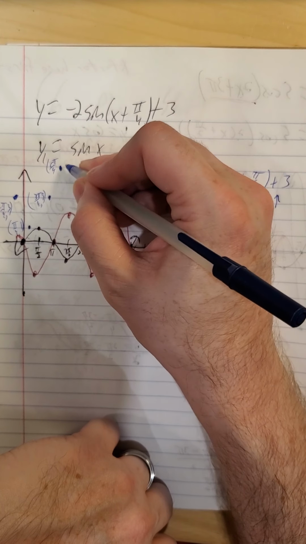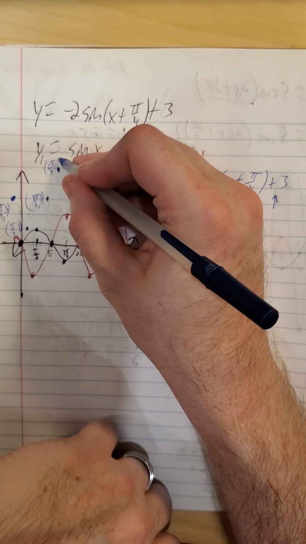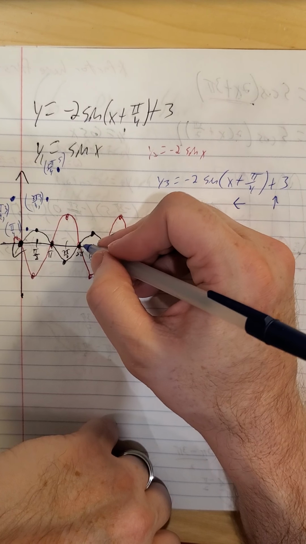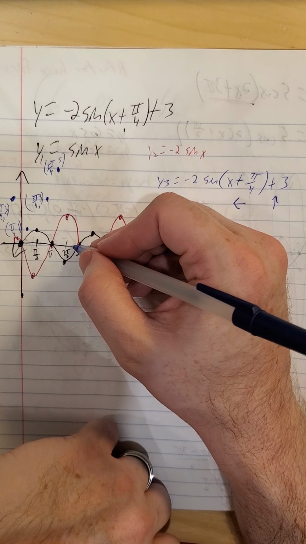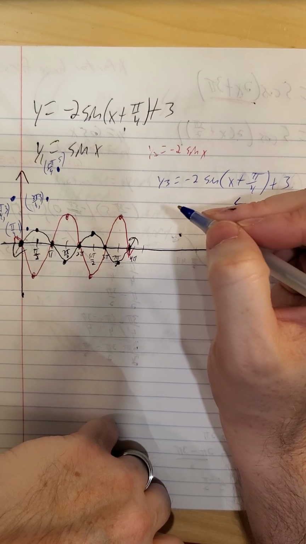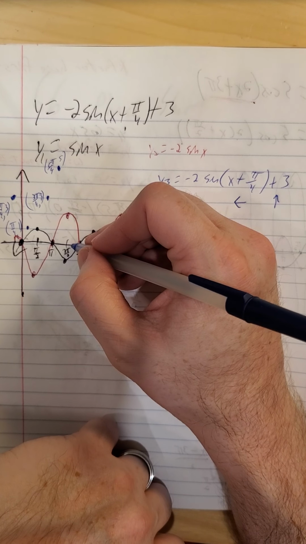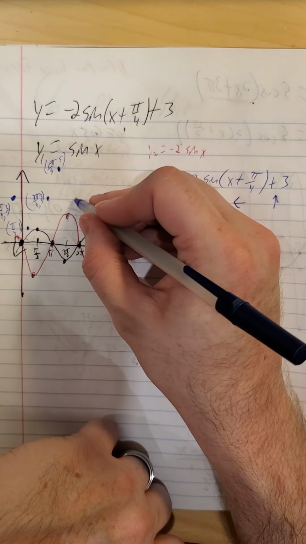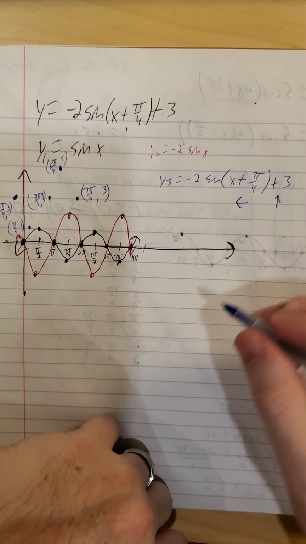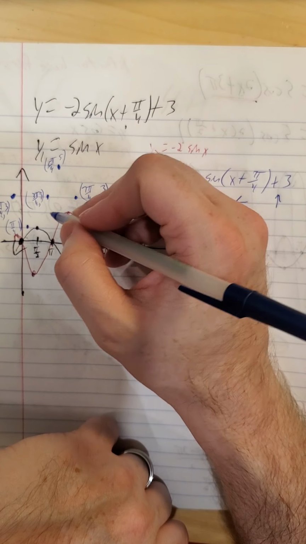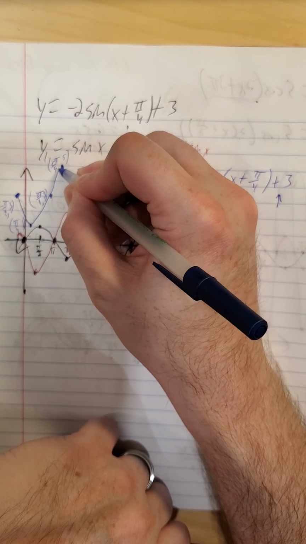So 5 pi over 4 for our input value, and our output, we're at 1, 2, 3, 4, 5. 2 pi, move it left pi over 4, so 8 pi over 4 minus 1 pi over 4, 7 pi over 4, and move it up 1, 2, 3 units. And we're at positive 3. So there's our 5 key points, and then we'll just draw one more cycle.